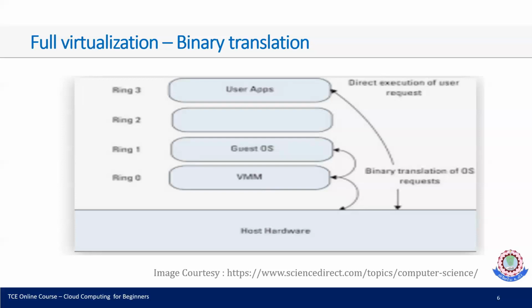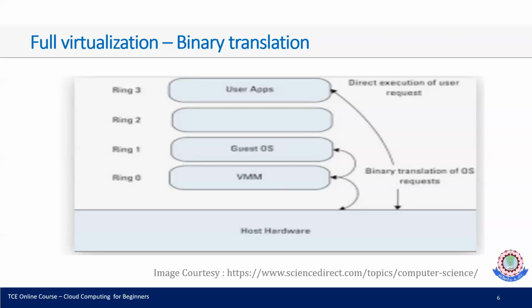This particular figure represents x86 hardware architecture. In this, we have 4 rings as mentioned above. Ring 0 is VMM, ring 1 is guest OS, ring 2 is nullified, ring 3 is user apps.